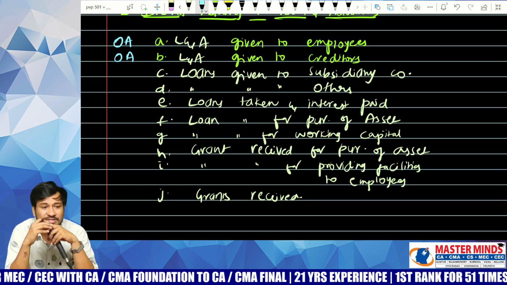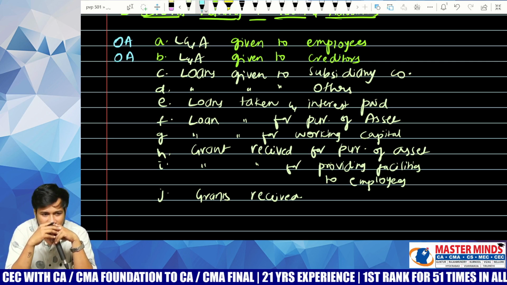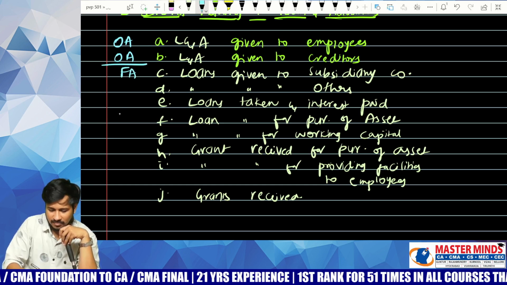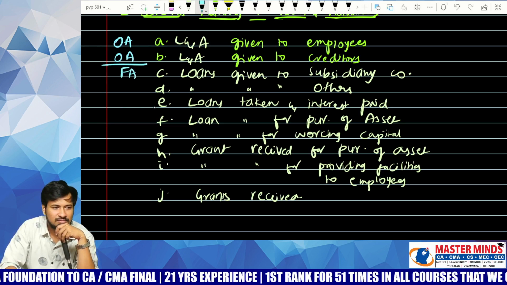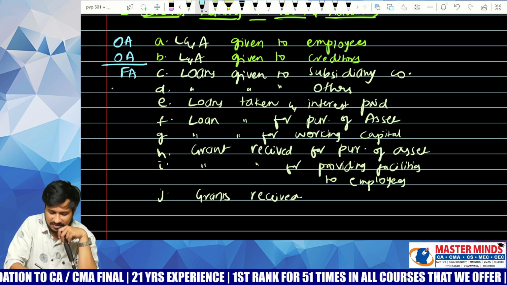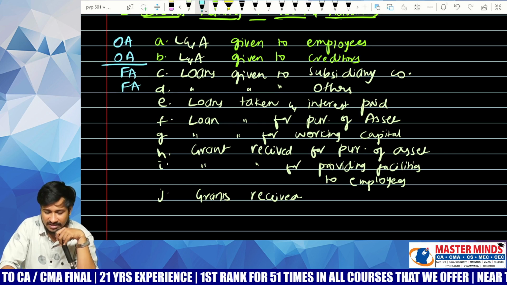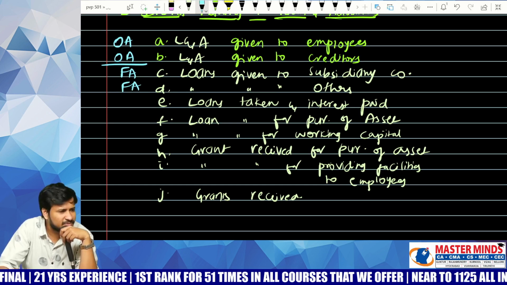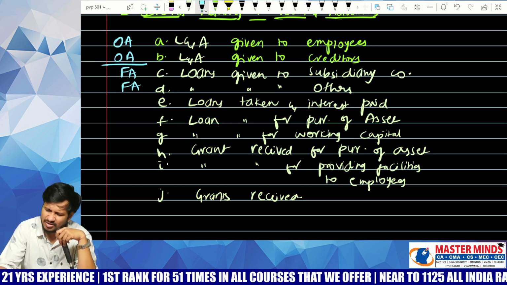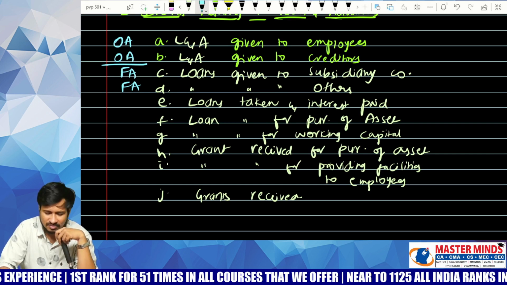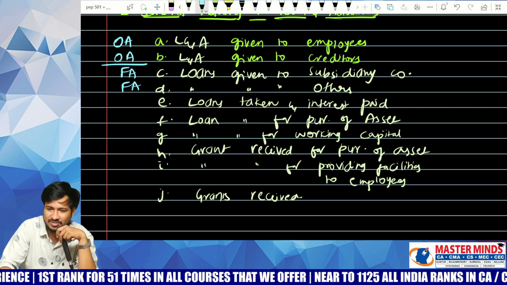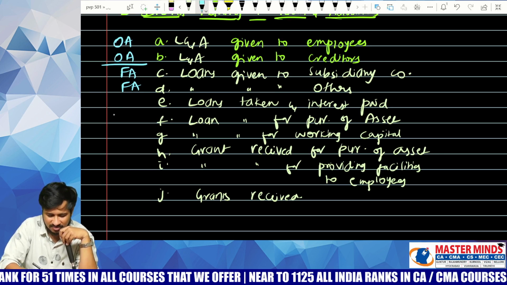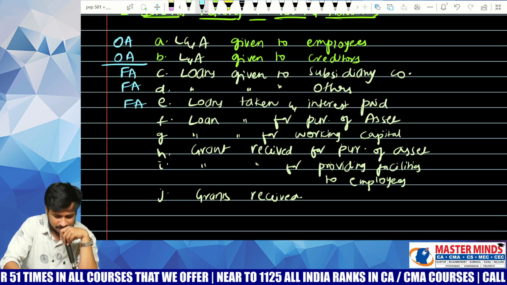Loans given to subsidiary companies. Financing. Loans given to others. Financing. Loans taken and interest paid. Any other person. You can. Loans taken and interest paid. Answer me first. Okay.